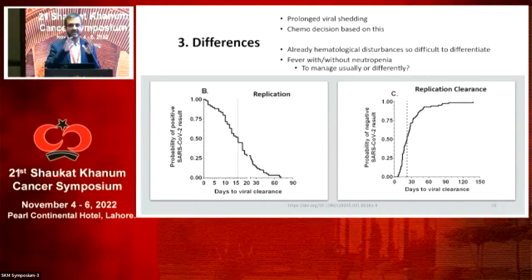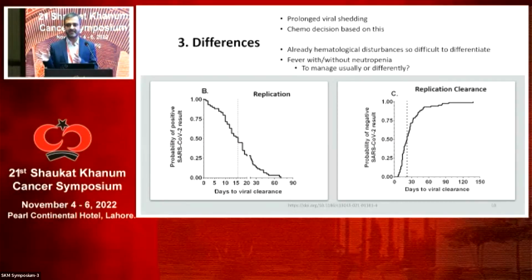So the virus continues to replicate in children with underlying immunosuppression or cancer longer than in children who don't have any other comorbidity. And the clearance time, from first positive to first negative, was around 22 days. That also means they continue to shed virus for prolonged periods.